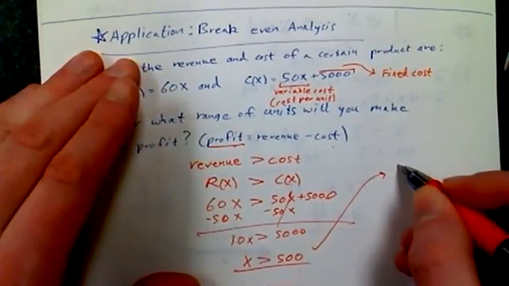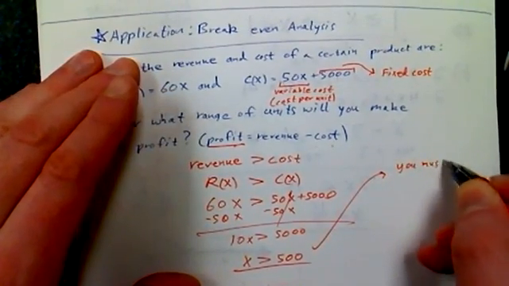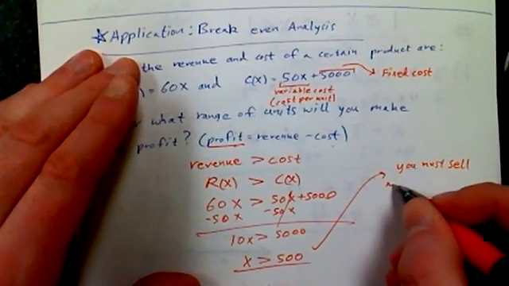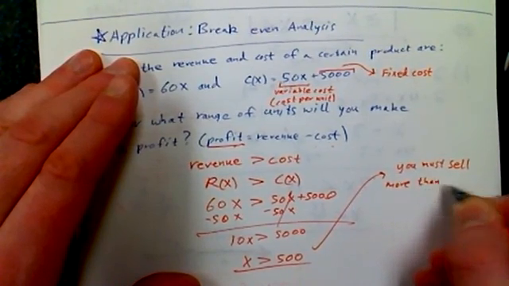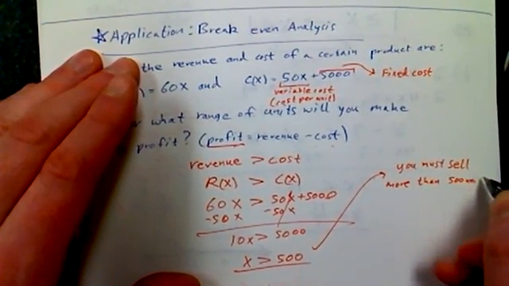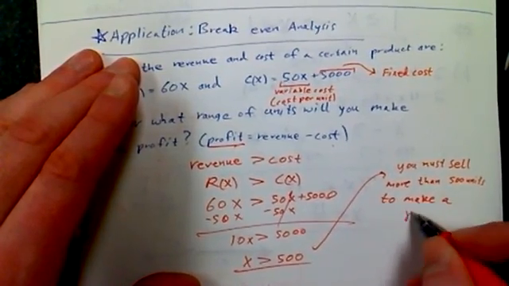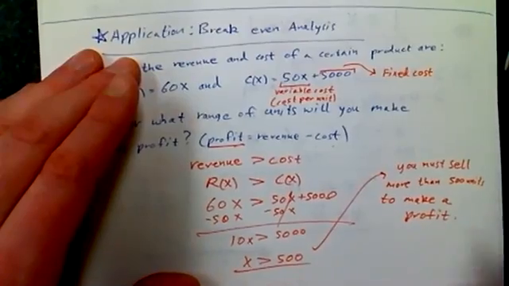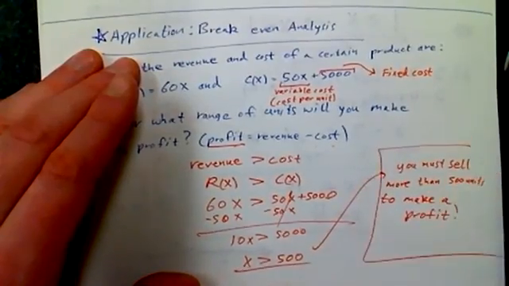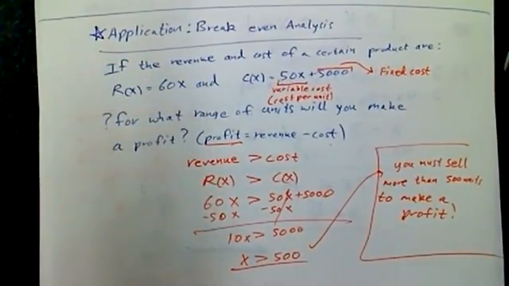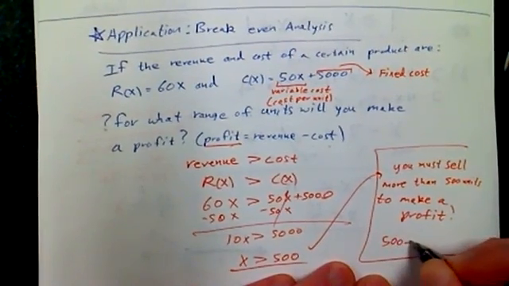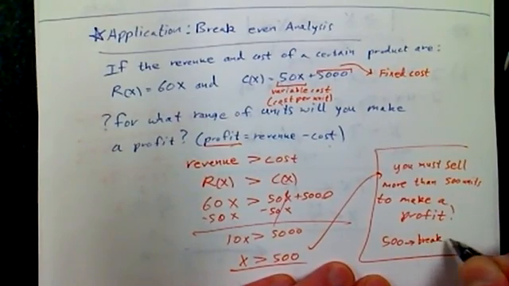This tells us that you must sell more than 500 units to make a profit. You'll break even at 500. That's called the break-even point. So 500 is your break-even point.